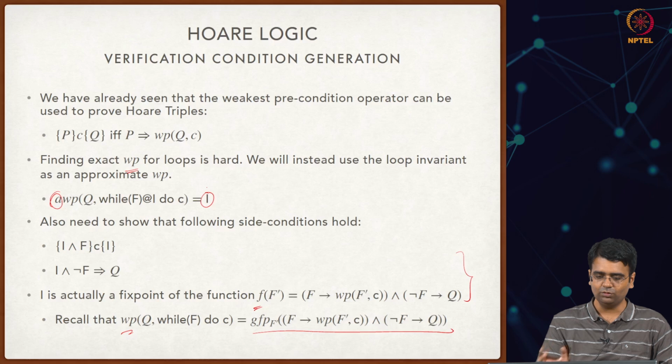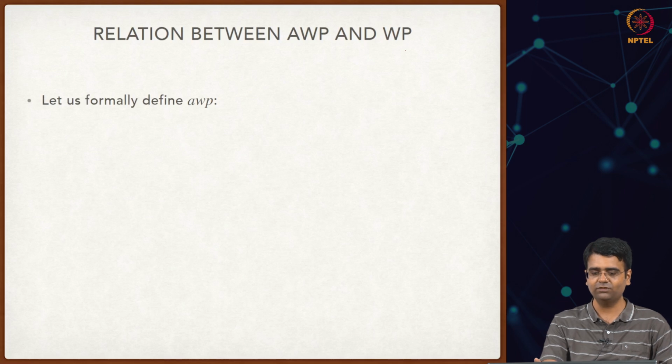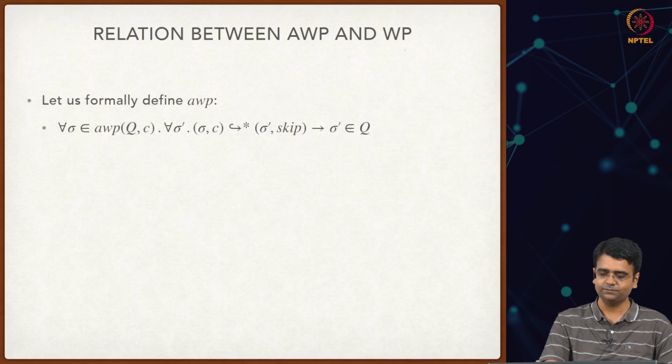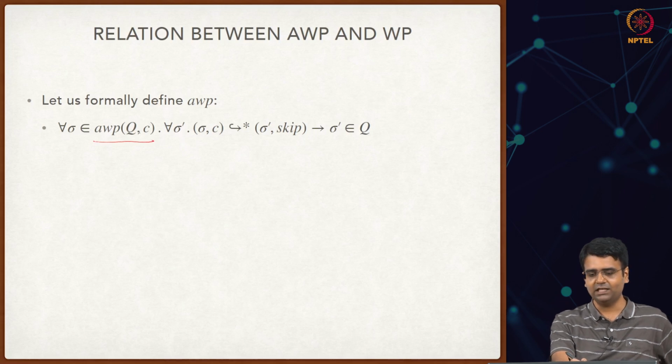So let's try to formalize this difference between approximate weakest precondition and weakest precondition. What is the difference between them? We will first formally define what this AWP is. AWP is defined to be this set of states. AWP, just like WP, is a predicate transformer.